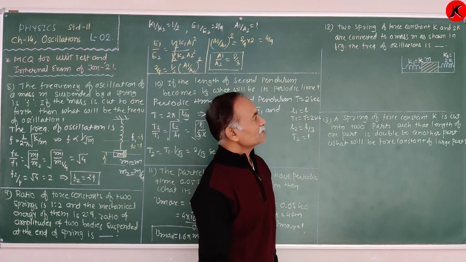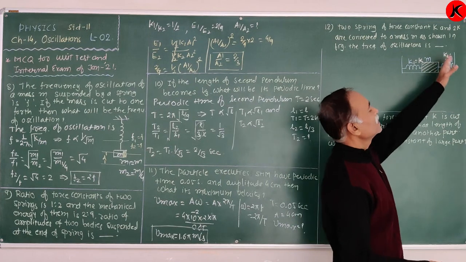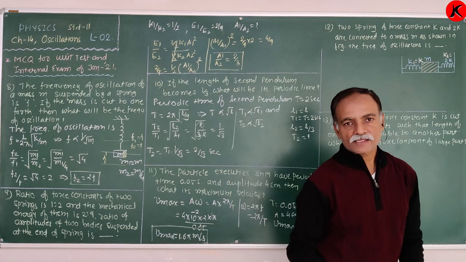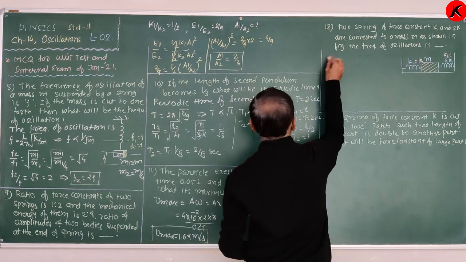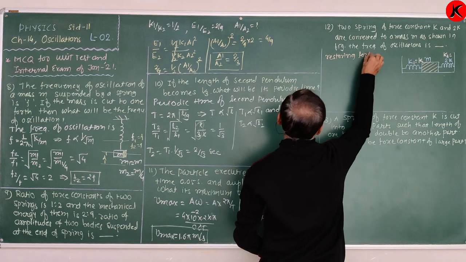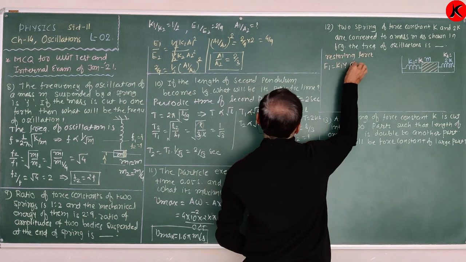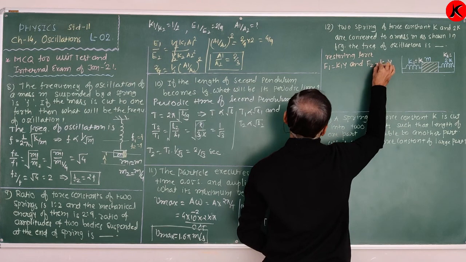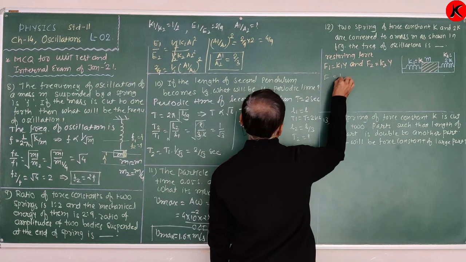Now the restoring force in spring 1 is k1y and in spring 2 is k2y, because we displace the body by y distance, so a restoring force is produced in both springs. Therefore, the restoring force F1 is equal to k1y and F2 is equal to k2y, and total force F is equal to F1 plus F2.